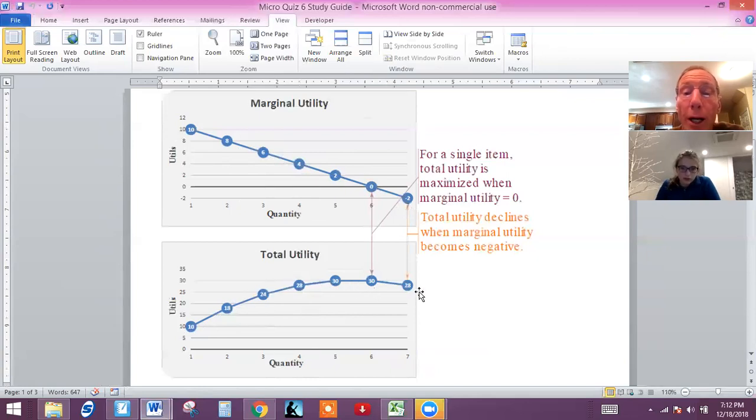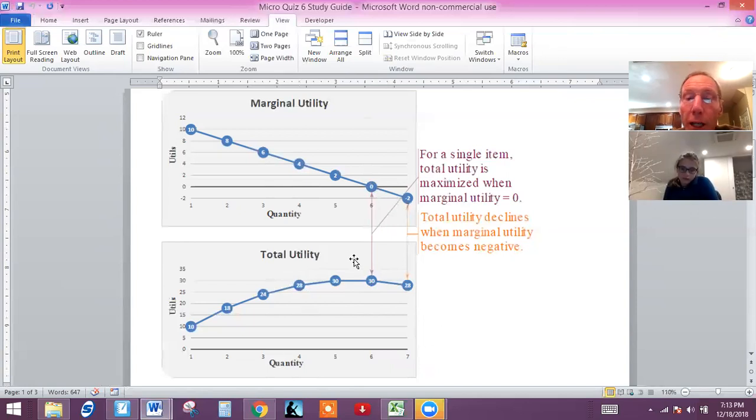Anyway, the point here is that when we get total utility at its maximum up here at the top, then the marginal change is zero. Right where it's maximum, the slope of the total utility curve is zero, right? Because it's just that flat part on the top. So when total utility is maximum, marginal utility is zero.